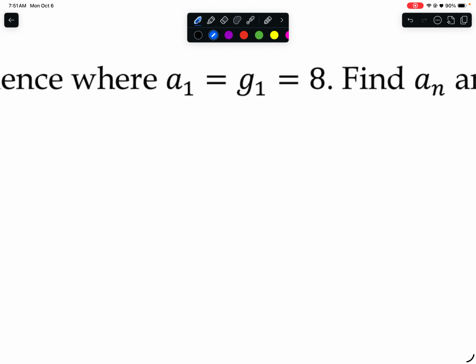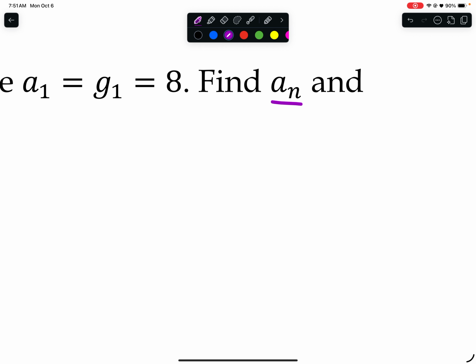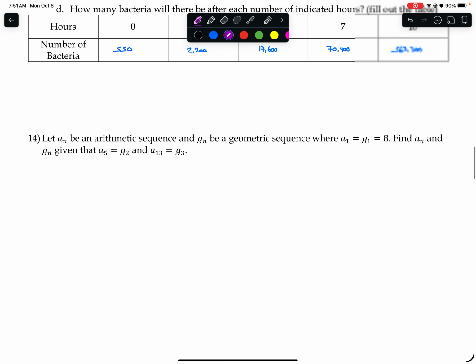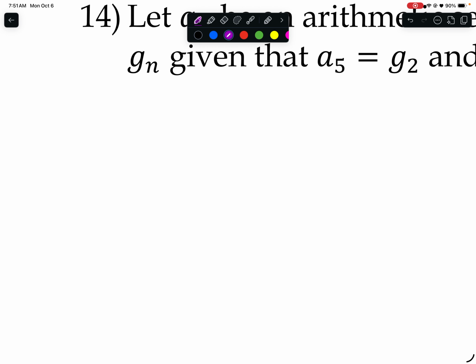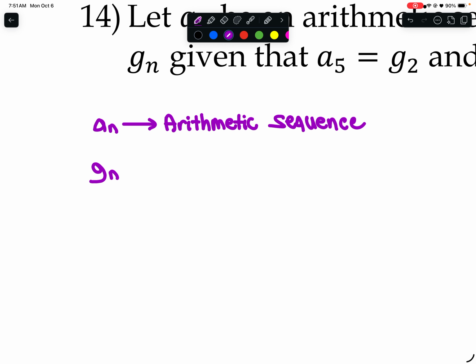So starting off, when I say you want to find a sub n and g sub n, a sub n is going to represent your arithmetic sequence, whereas g sub n is going to represent your geometric sequence.